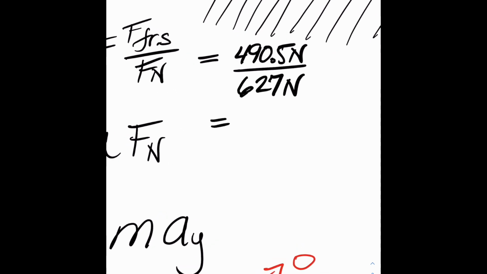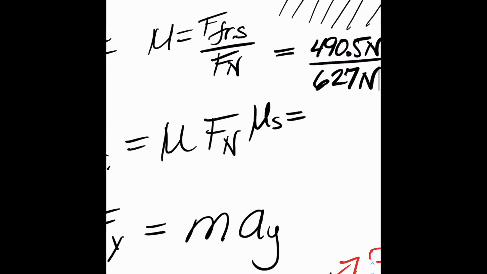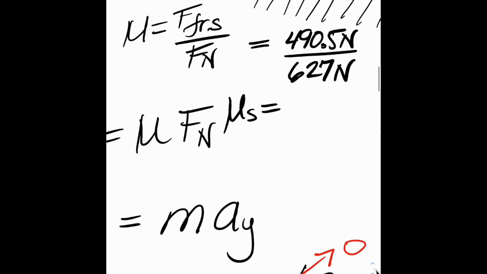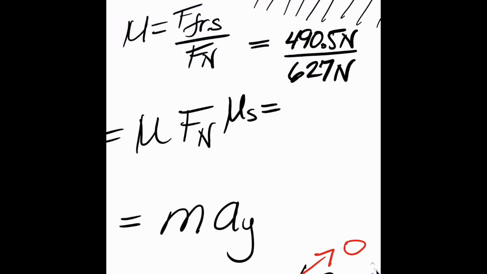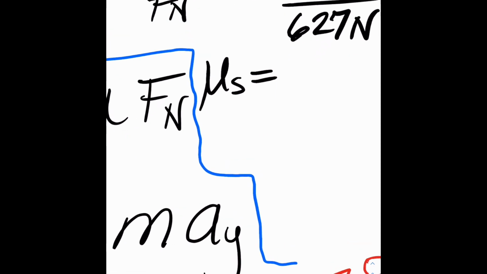This is going to be mu static. I just don't like how all this looks like it's blending into the other problem, so maybe I can draw a line here to separate this. Something to kind of keep this separate.